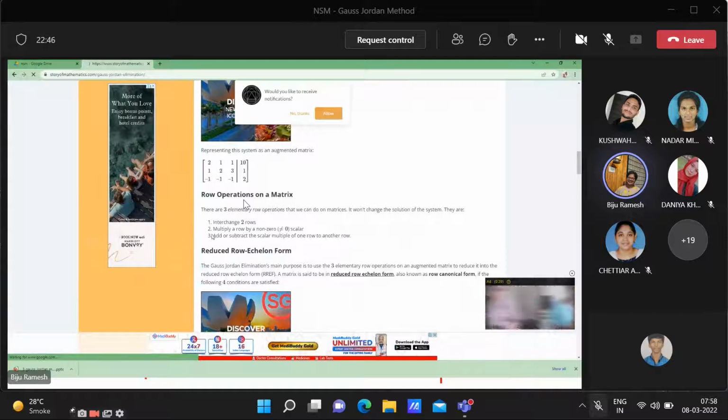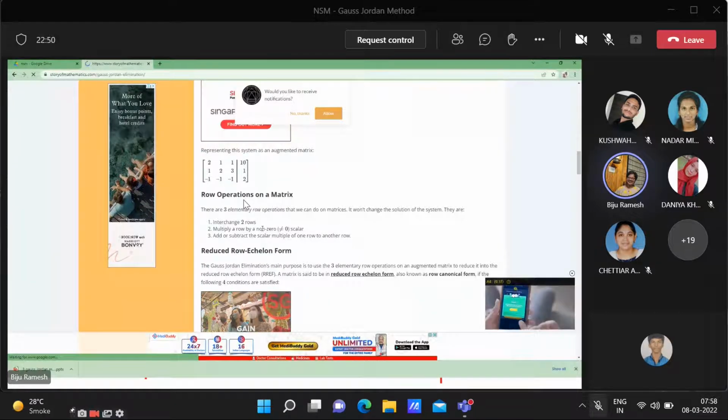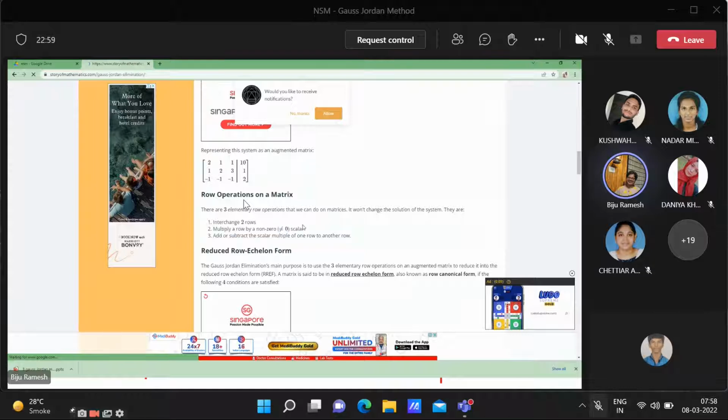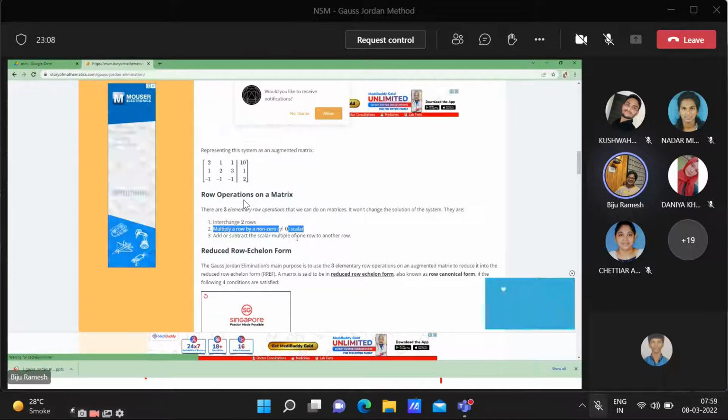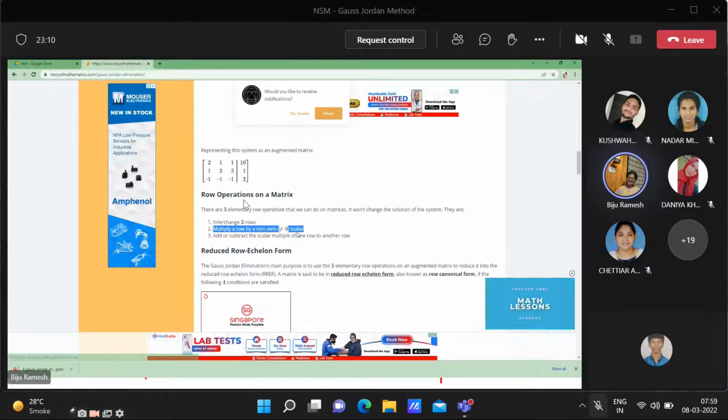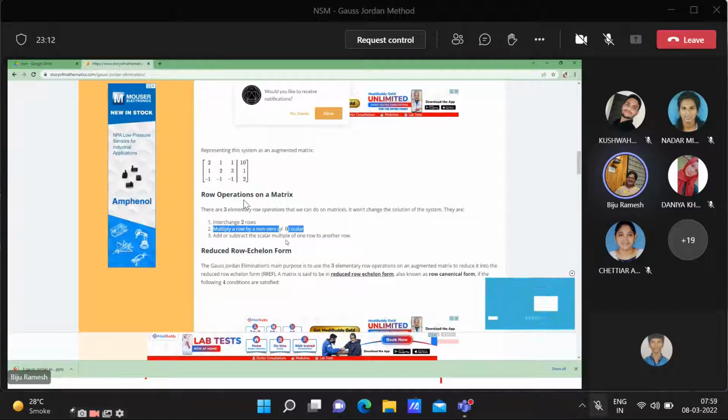You're going to perform certain operations: you interchange the two rows, you multiply a row by a non-zero scalar, some number you will multiply. This is what I am talking about as a constant. You multiply a row by a non-zero scalar, and add or subtract the scalar multiple of one row to another row. This is what we are doing.